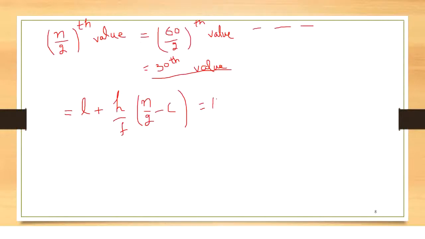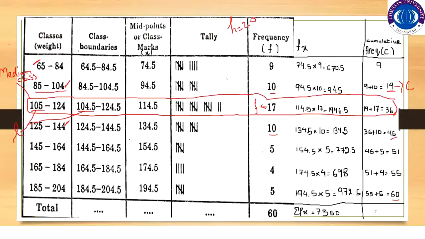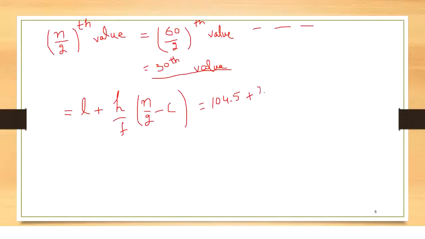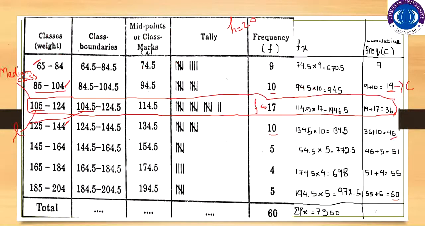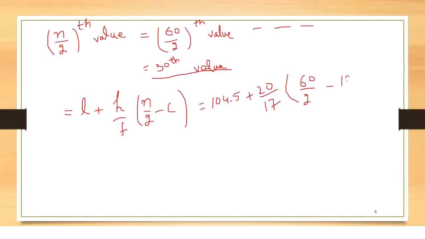Lower class boundary is 104.5 plus height is 20, frequency is 17, N is the total number of observations, which is 60, divided by 2 minus C. C is the cumulative frequency previous to the median class, that is 90.